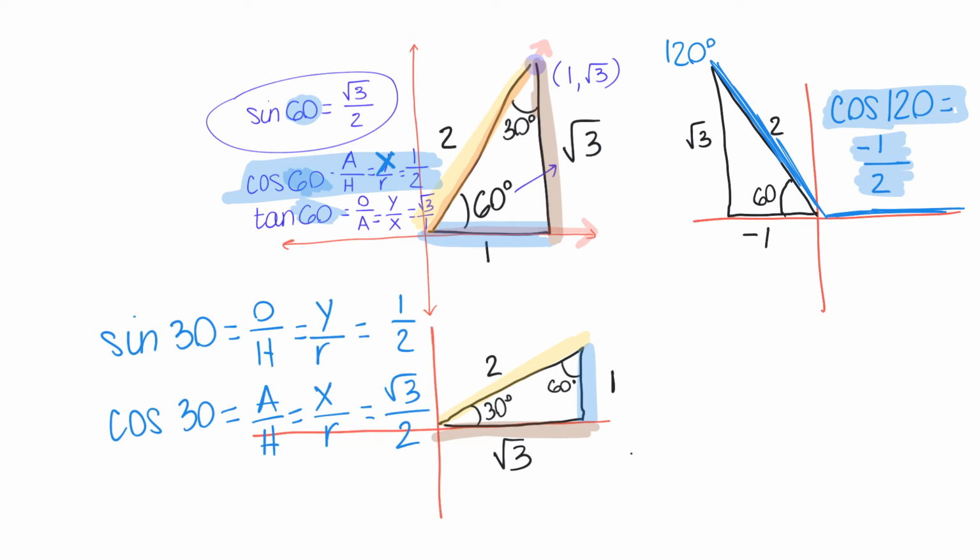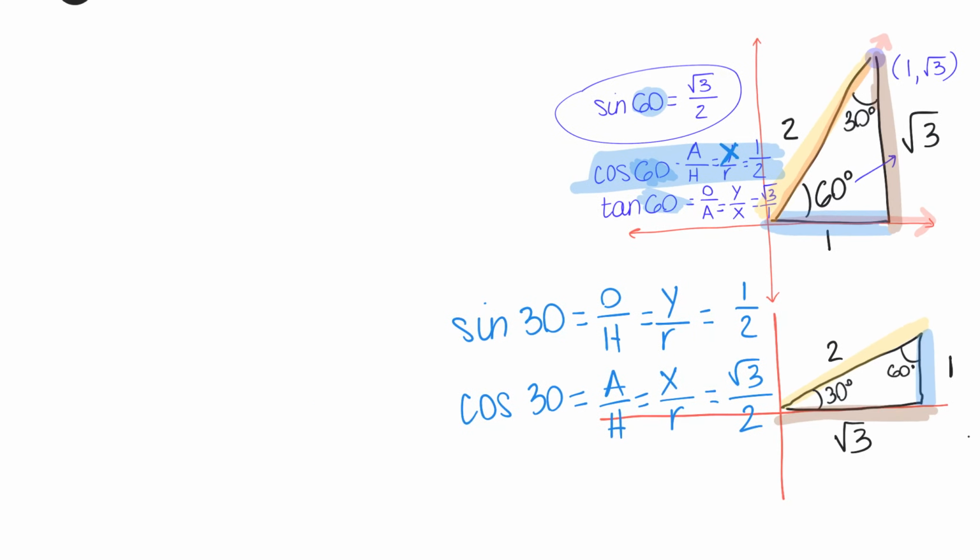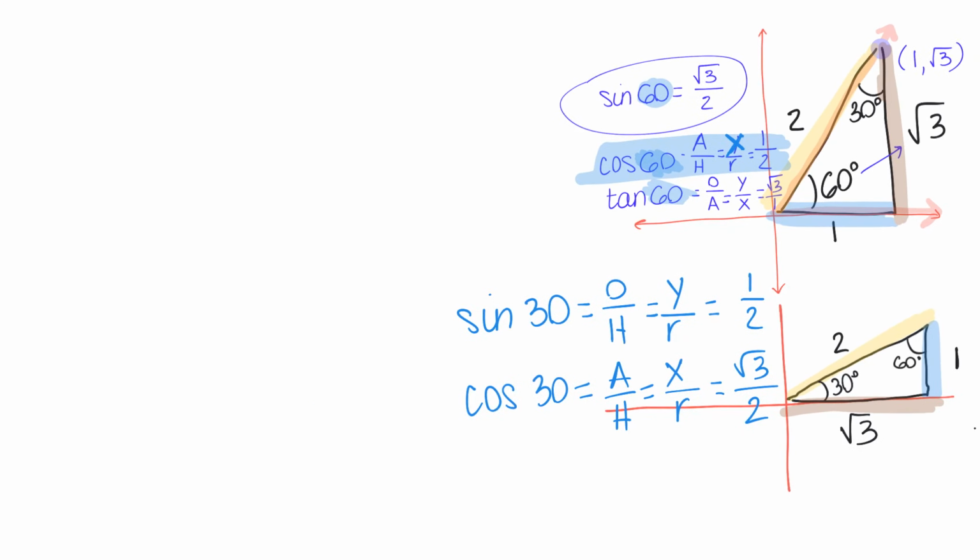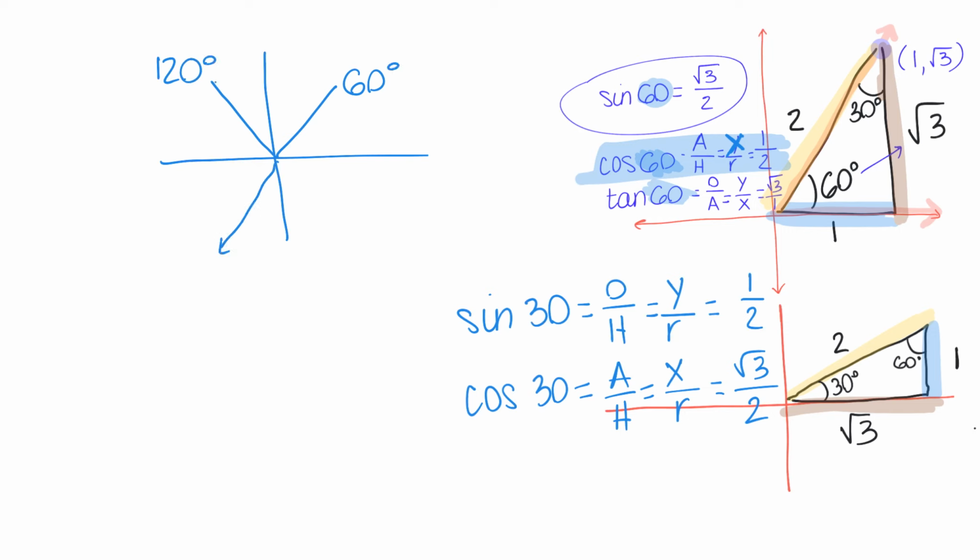But let's be really clear with this. I'm going to come over here. With 60, we have 60, 120, quadrant 3 has an angle of 180 plus 60, so 240.